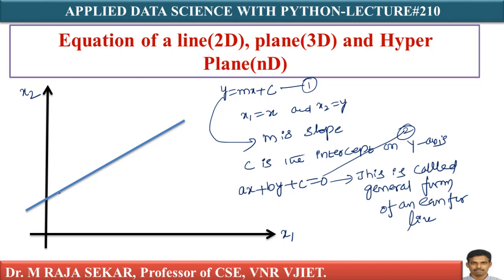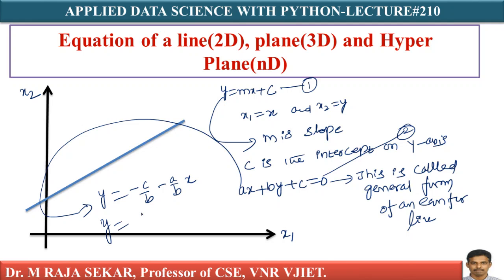Why? Because I can rearrange ax plus by plus c equal to 0 in the form of y equal to mx plus c. How can I rearrange this? ax plus by plus c equal to 0 can be rewritten as y equal to minus c by b minus a by b into x. I can write it in the form y equal to c plus mx, isn't it? What is c here? c is minus c by b, and m is minus a by b, isn't it?